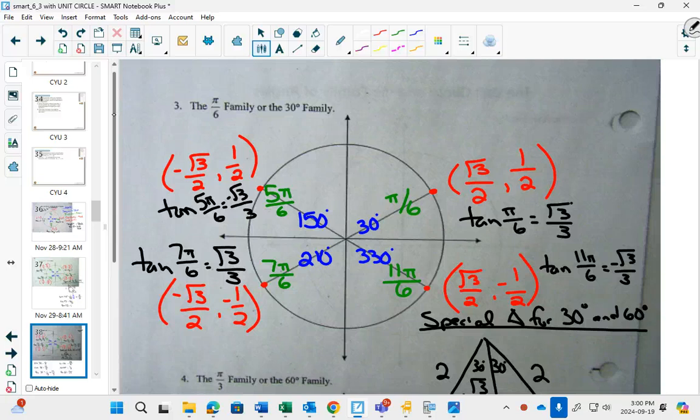Did I say sine or cos? Cos of 390 degrees. Yes. So here's our 390 degrees. Cos is our x coordinate, root 3 over 2.